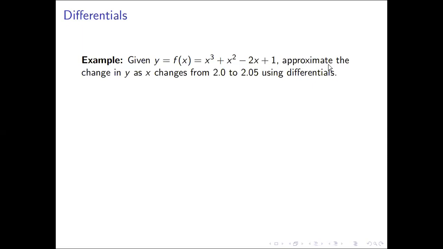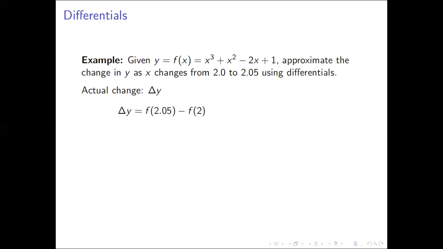So to compare, we will also give the actual or the exact change in y. How do we get the exact change in y? Well, you compute directly the values of y. Now, the actual change in y is the delta y, the change in y. It's not the same as dy. But as we shall see, dy will approximate delta y very closely.